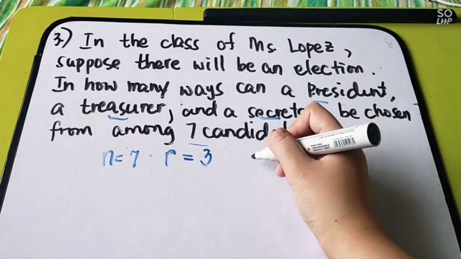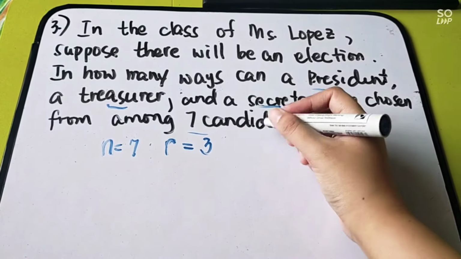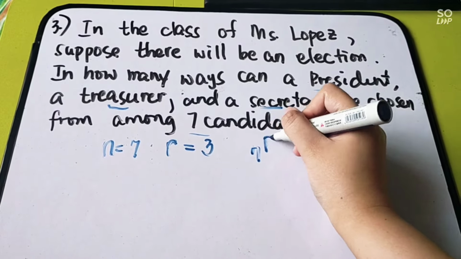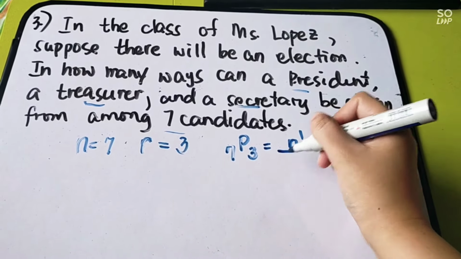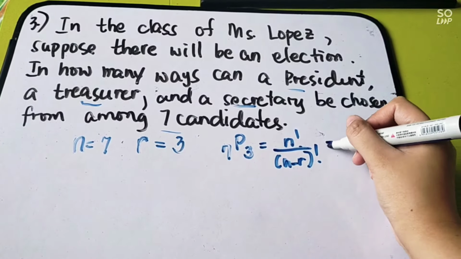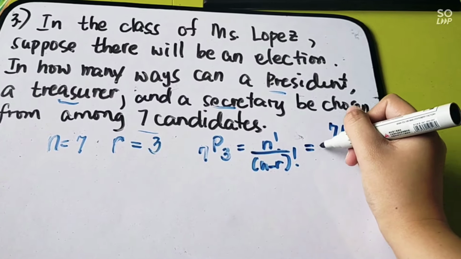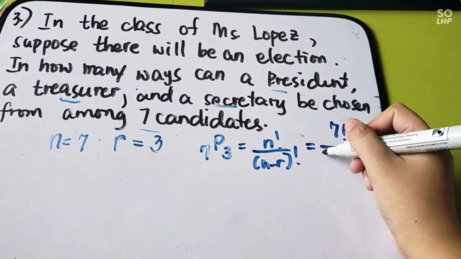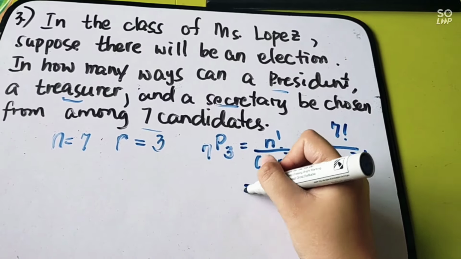Let us have, since we have 7 taken 3 only, 7P3 is equal to n factorial over n minus r factorial. So, this one is equal to 7 factorial over 7 minus 3 factorial.